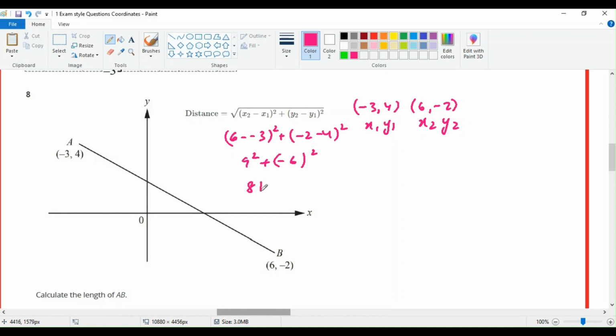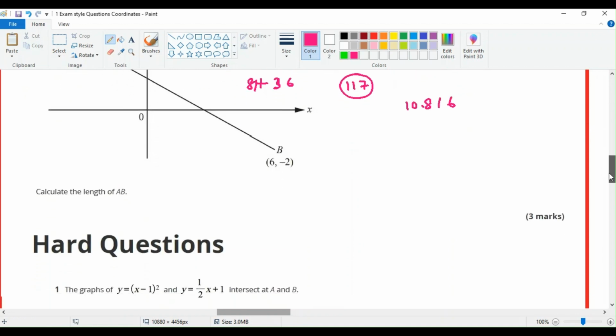That means 81, and plus 36. 81 plus 36 is going to give us 117. And when we find out the root of 117, it's 10.81, 10.816, or you can write 10.82. Both are correct.